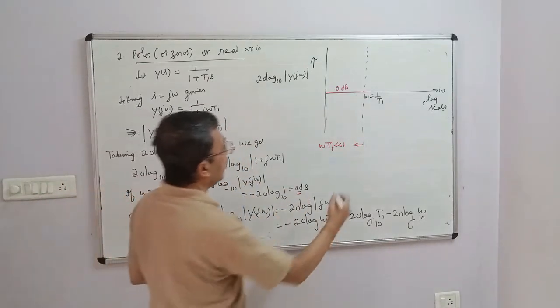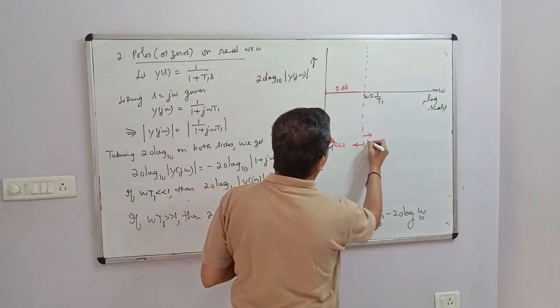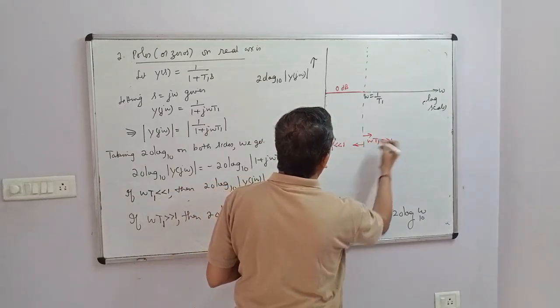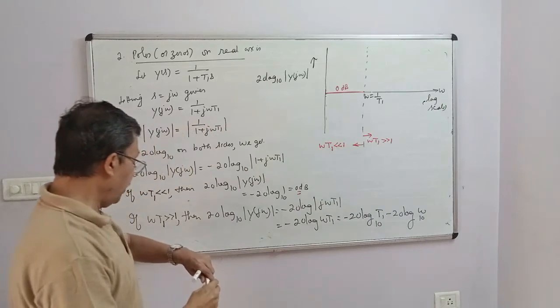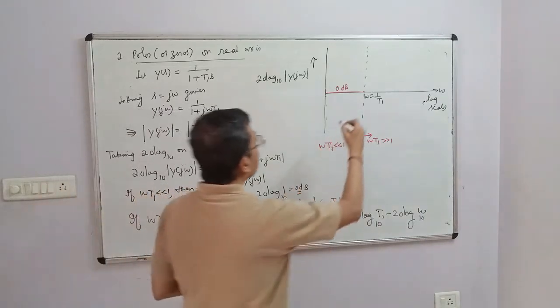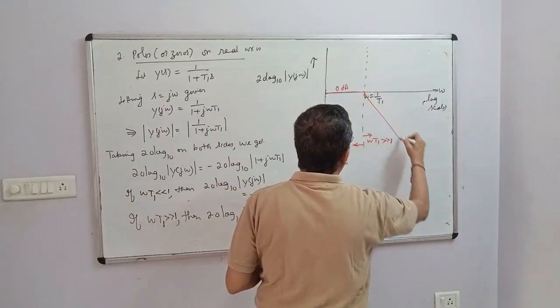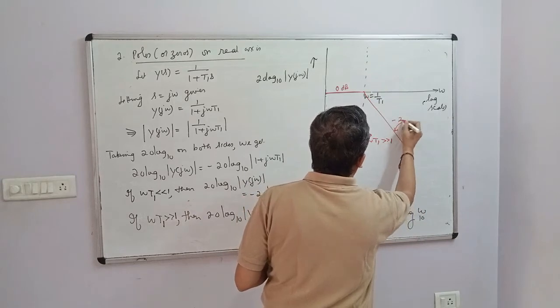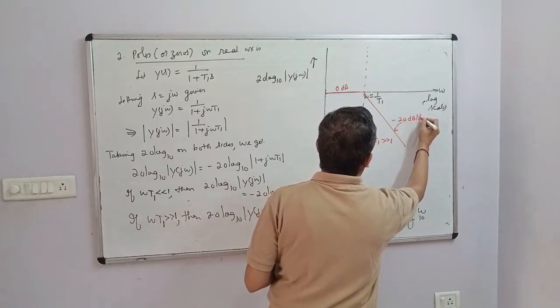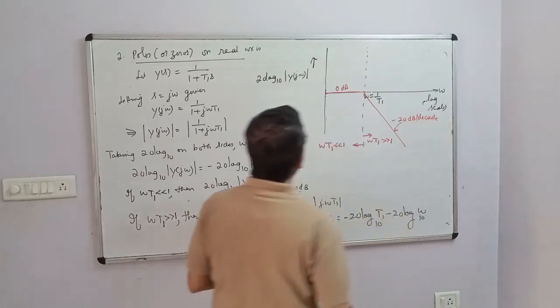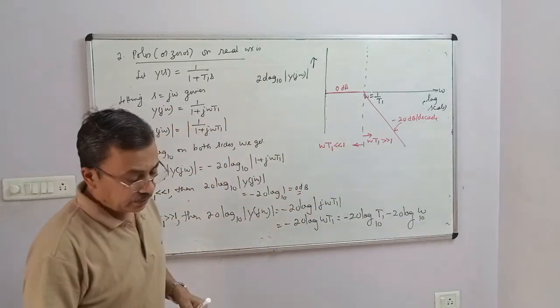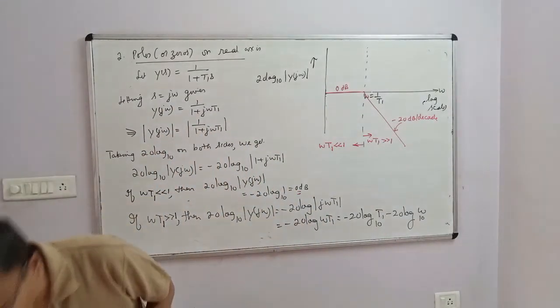For omega to the right of this, omega T1 is very much greater than 1. When omega T1 is very much greater than 1, you get a straight line of slope equal to minus 20 decibels per decade. So I am going to write the comment.